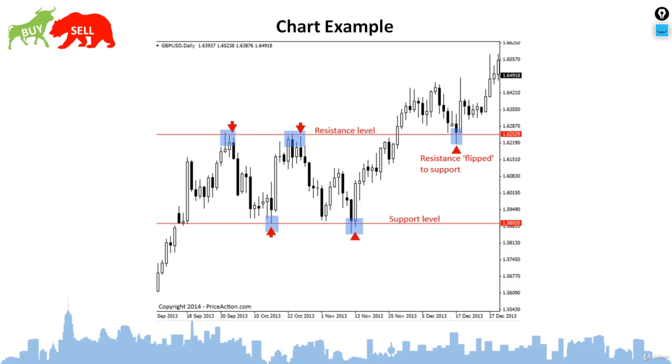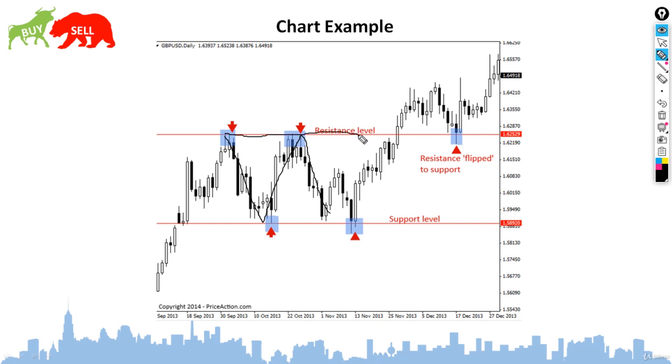So we will illustrate all that we studied in this chart example. As we can see, in the first place we have a double top, a double top not confirmed. To mark a double top confirmed, it needs to break the last bottom, and here the market didn't break this last bottom. Also we have a double bottom here, a double bottom confirmed.